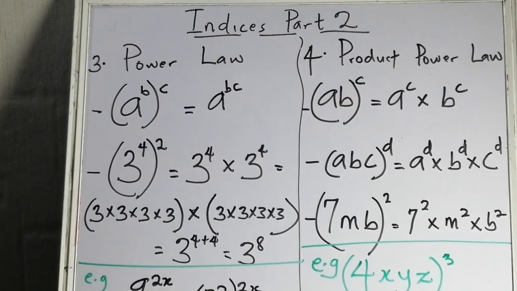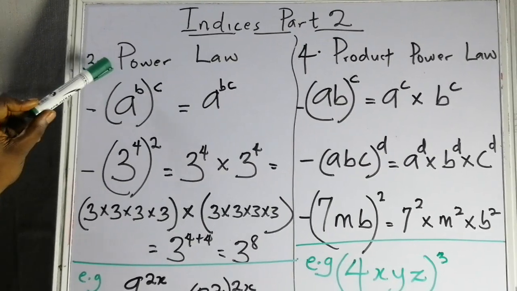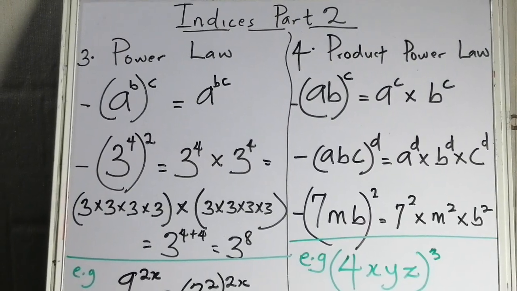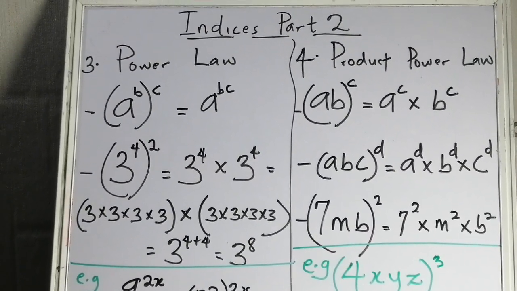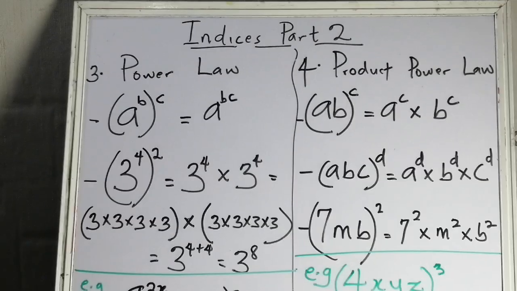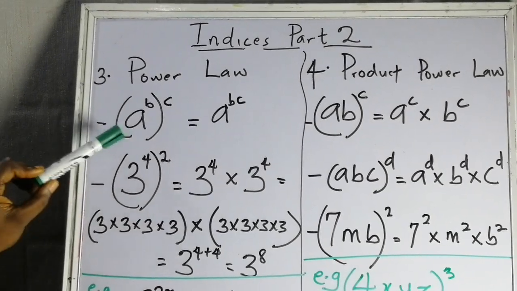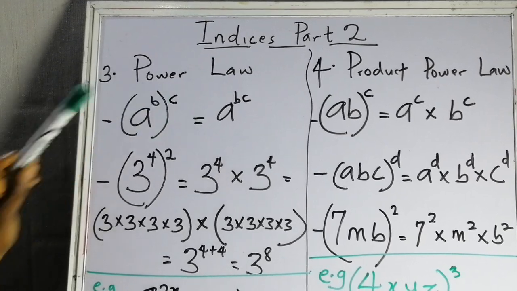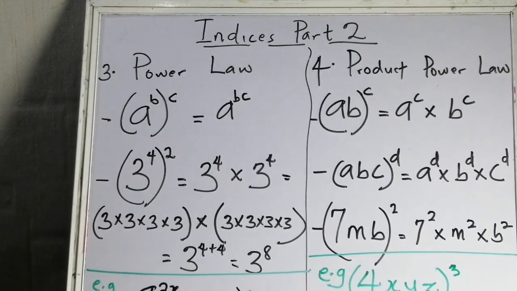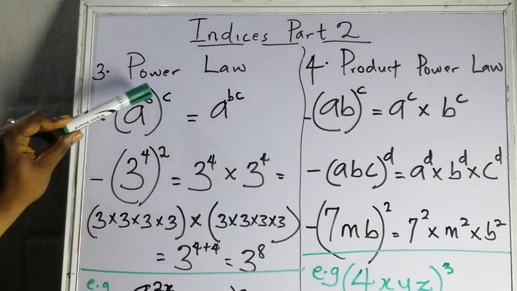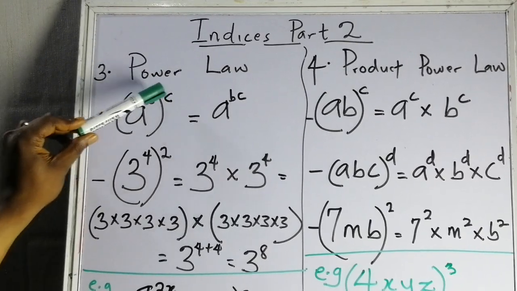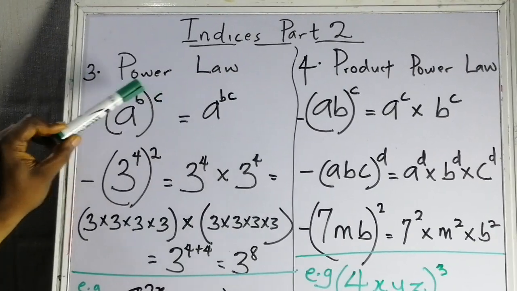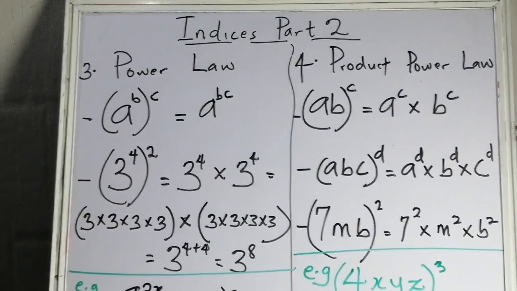But we also have what we call power law. Okay, and I told you that power is also the same thing as what? Index. So, power law. An example: if you have a raised to power b and everything is raised to power c, that is power law. The law says that you should multiply the powers b and c, that is b times c.